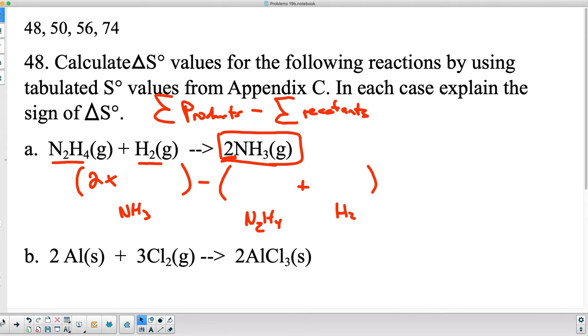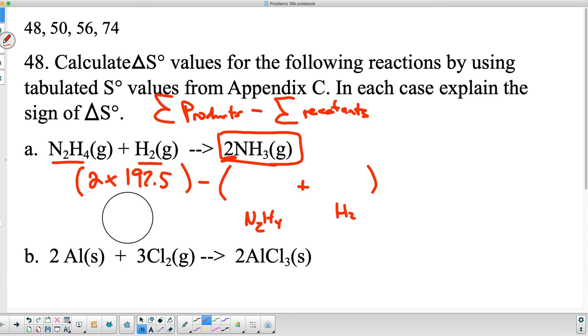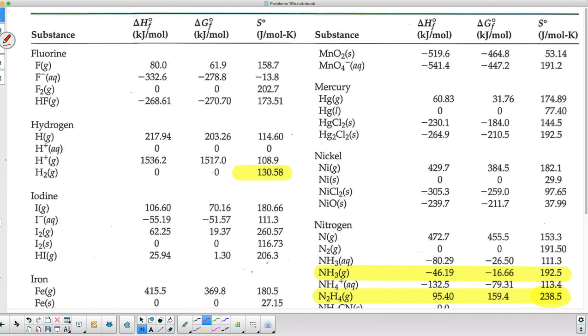I'm going to flip back and forth. 192.5 multiplied by 2 equals a certain amount. The N2H4 is 238.5, positive. These are all positives.